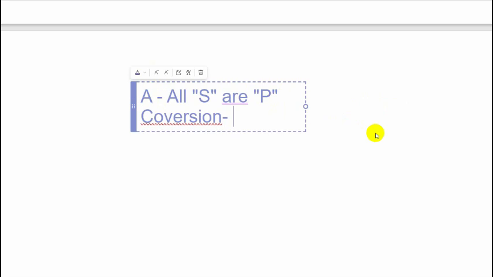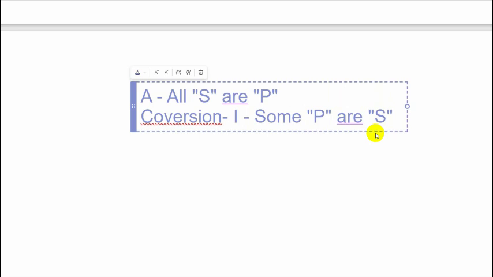We will convert, A gets converted to what? It gets converted to I. And I states what? Some. And in conversion, another rule was we have to interchange the subject and predicate. So some P R S. This is the conversion rule.